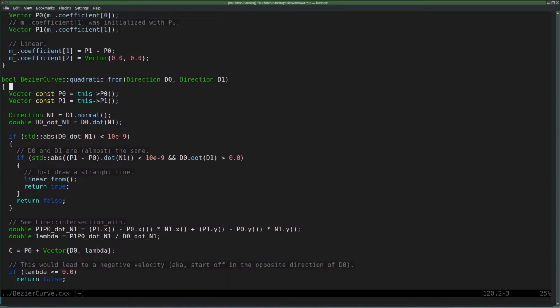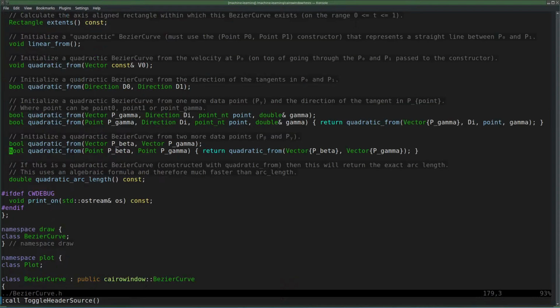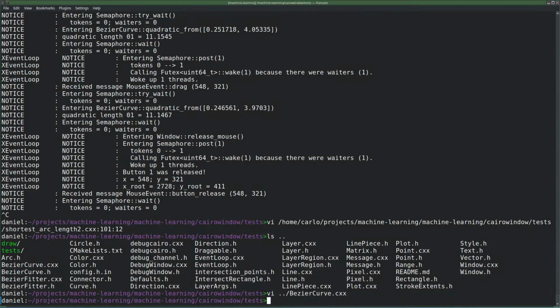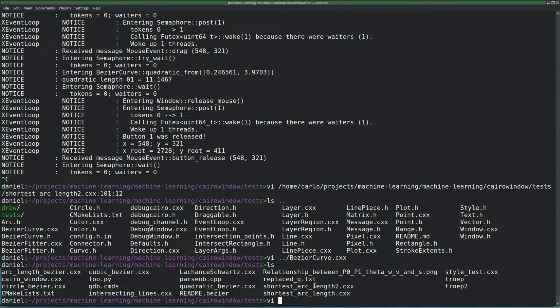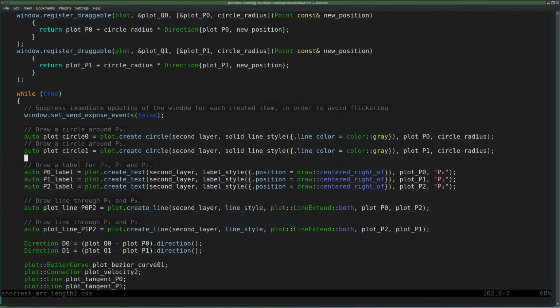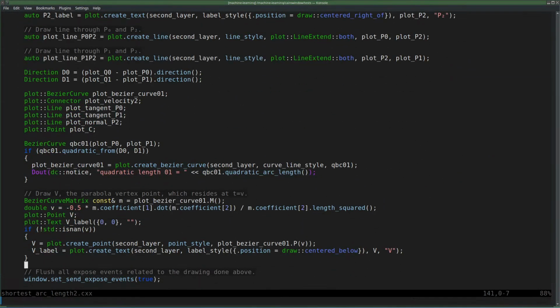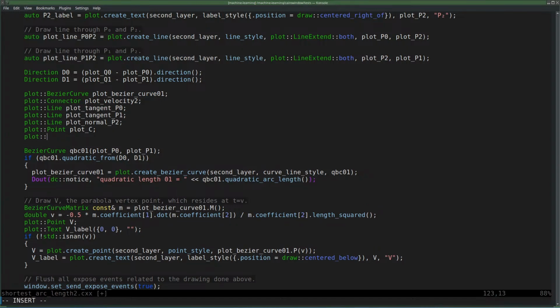And I'll temporarily just pass it back. It is a vector, but maybe I should have used a point.